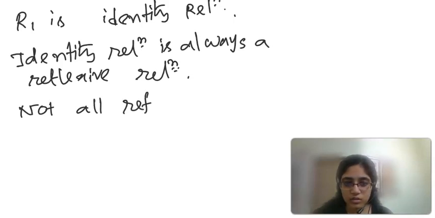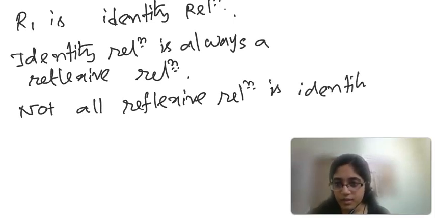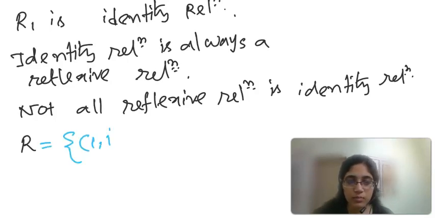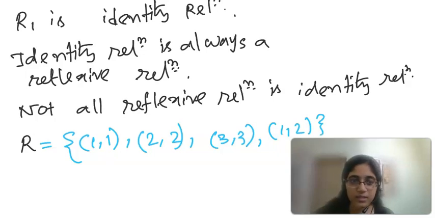Not all reflexive relations are identity relations. Consider the relation R is equal to, suppose {(1, 1), (2, 2), (3, 3), (1, 2)}. This relation is reflexive. Why?